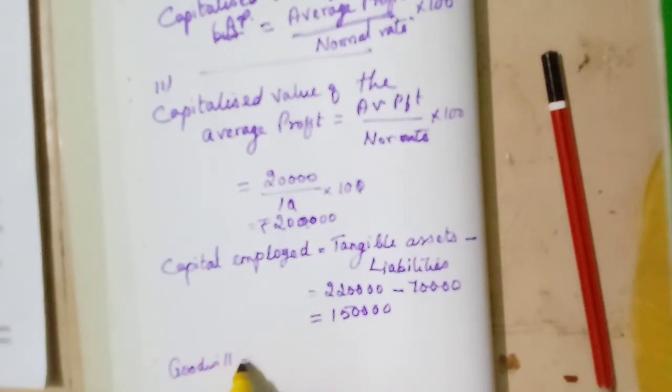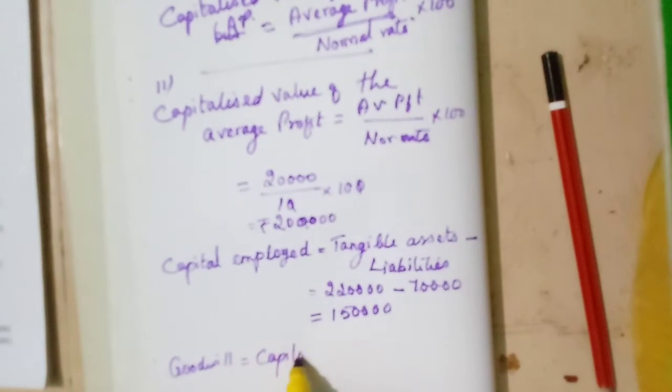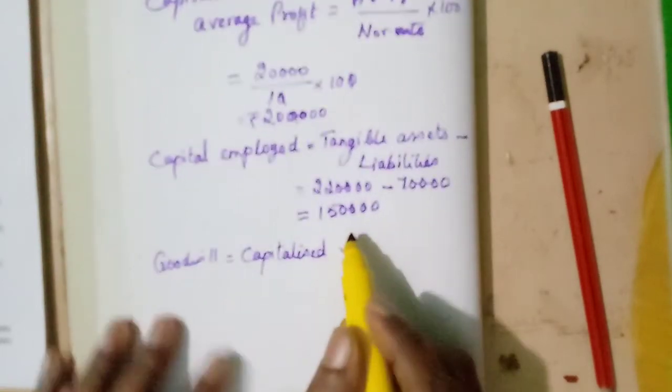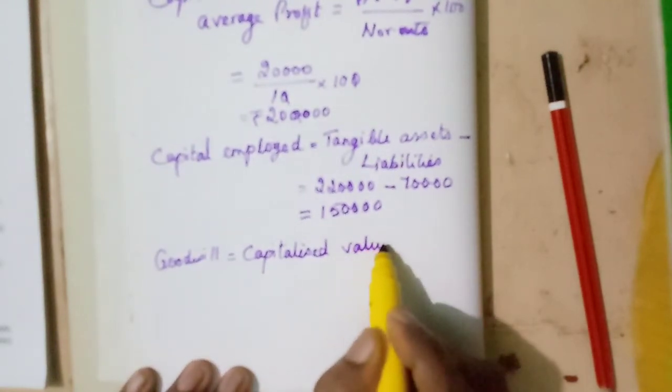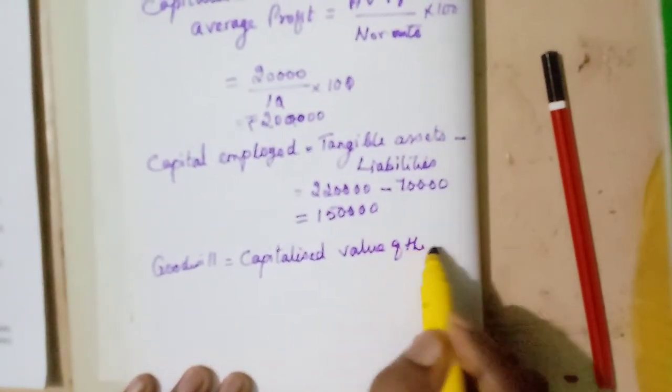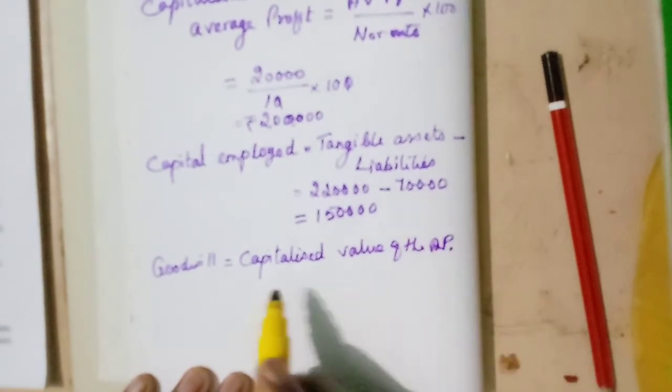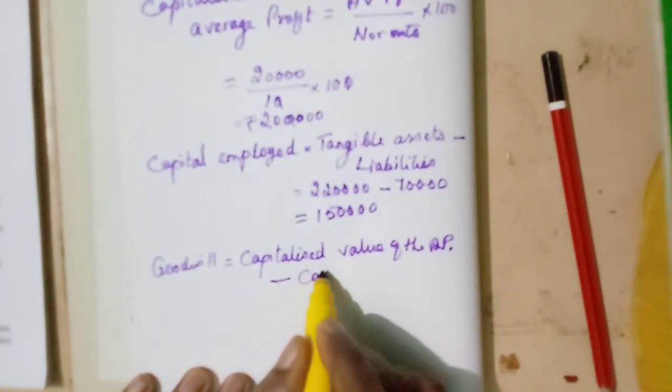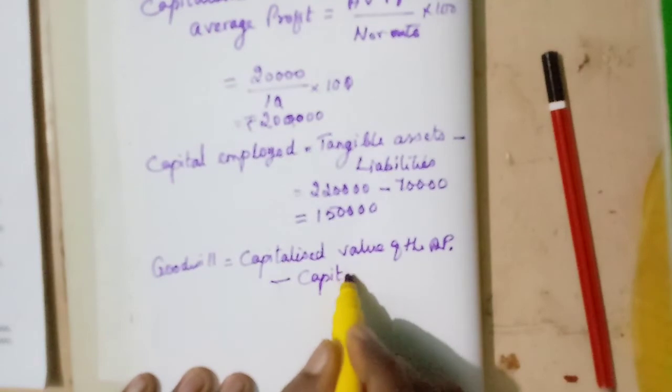Now goodwill formula. Goodwill is equal to capitalized value of the average profit minus capital employed.